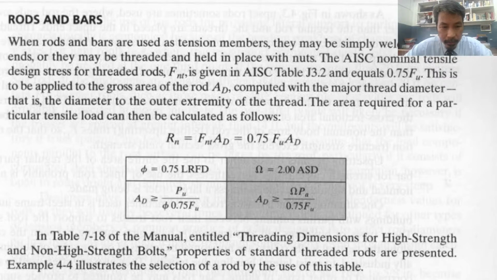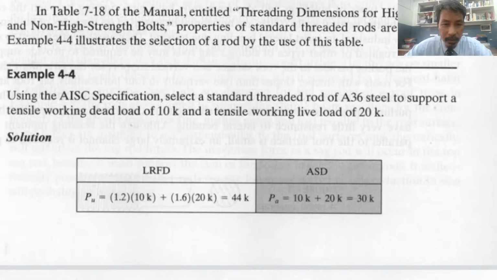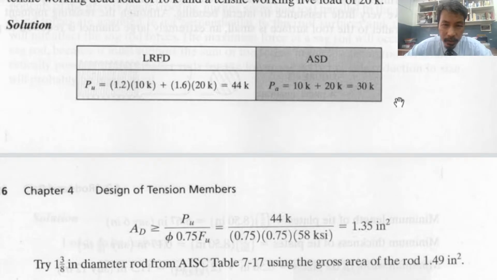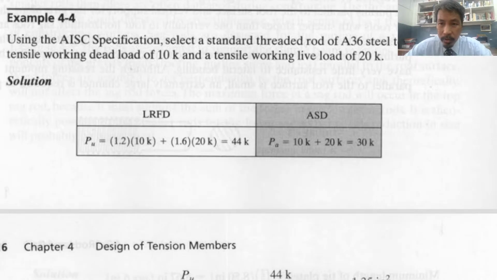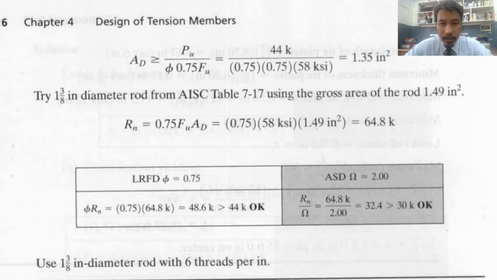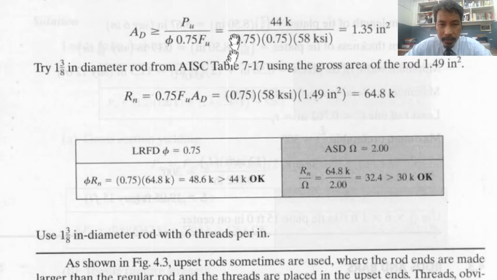So how to do that? This is an example, very easy. Starting with the load, dead load and live load. So we have LRFD combination, ASD combination. So find out the area for LRFD. You have the following, the same formula.